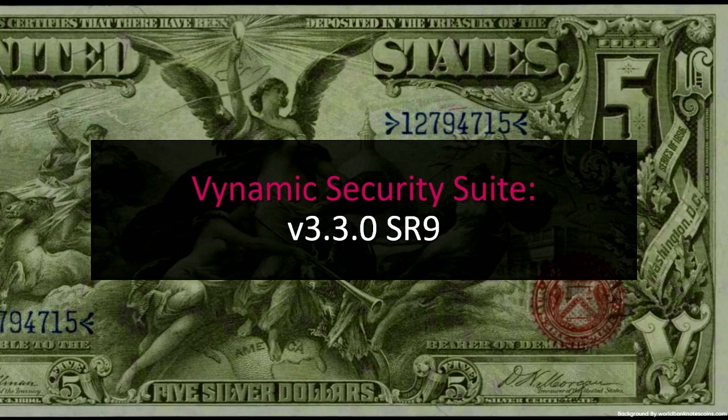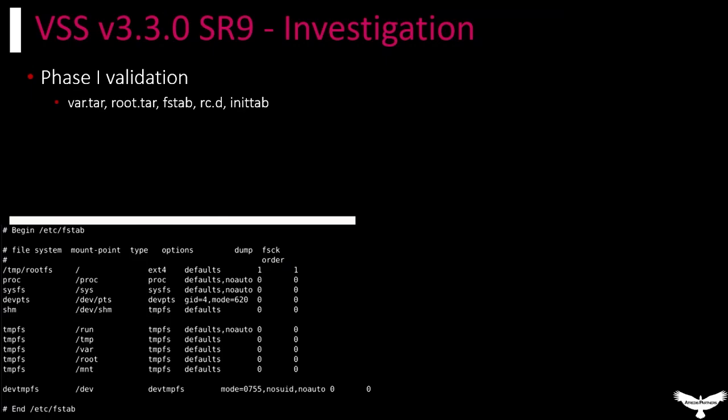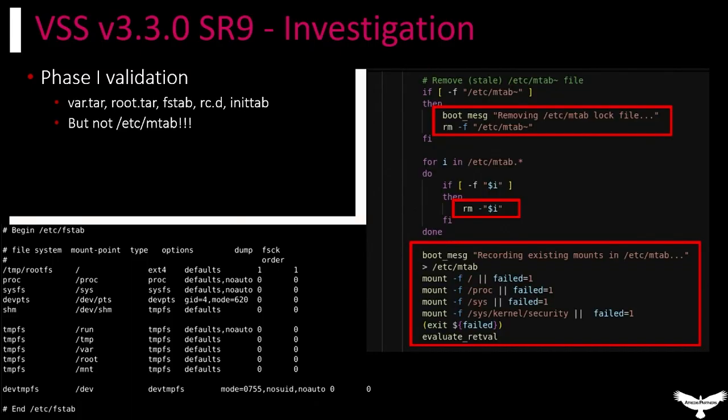So let's carry on into service release 9 of 3.3.0. In service release 9, the Linux architecture is relatively unchanged, right? Except now we can't use /etc/inittab. But taking a closer look into the systemd initialization process, the initialization script mountfs, which builds the temporary architecture, actually has a delete call for /etc/mtab before it calls to mount.